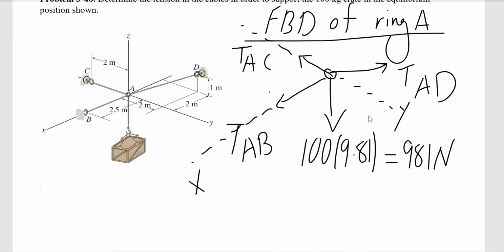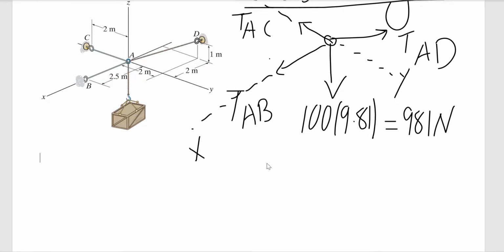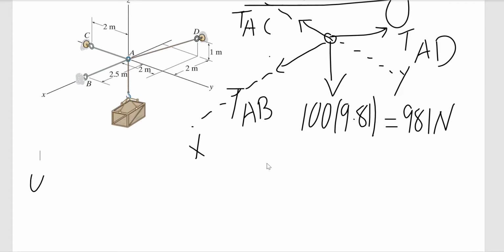I need to find each tension or each force in a Cartesian form. So let's start with the weight. W, if I want to write it in Cartesian form, would be negative 981 K, because it's in the opposite direction of Z. And the unit is, of course, Newton.